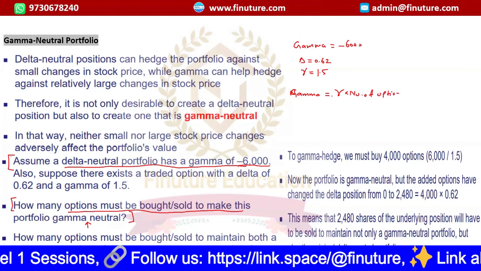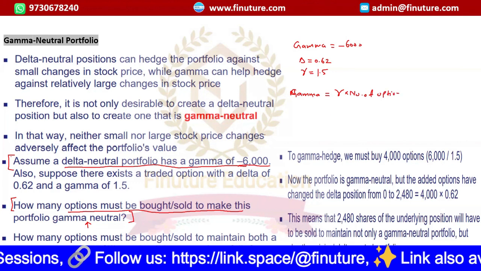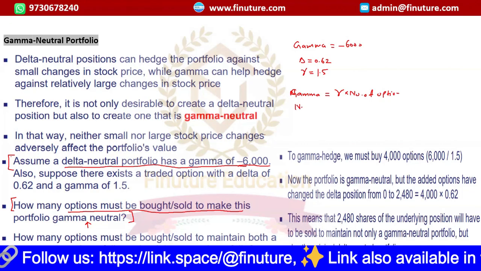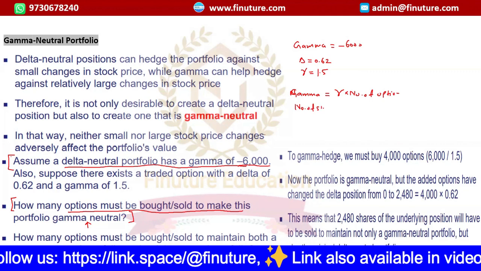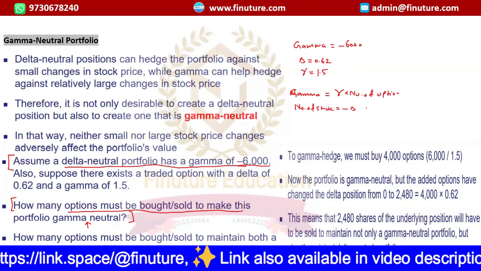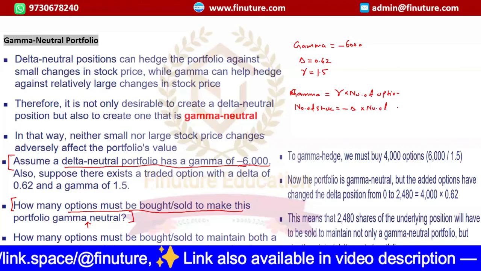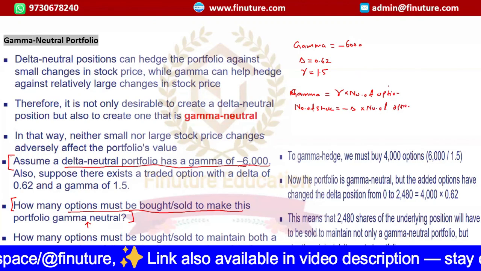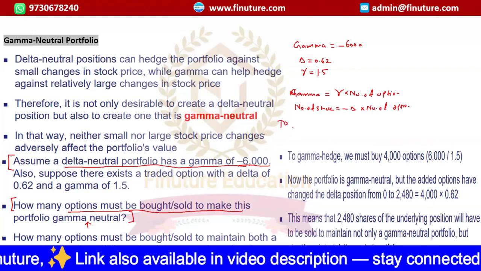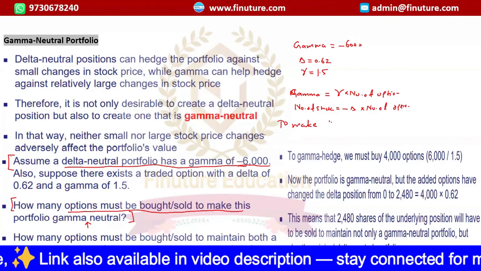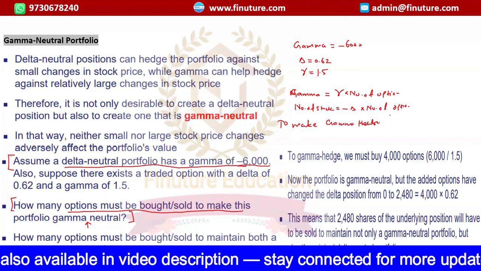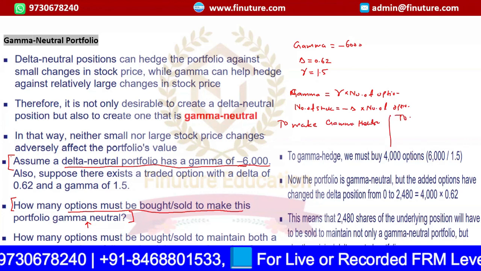I gave you two formulas. The number of stocks needed to make your position delta neutral is minus of delta into number of options. So these are the two formulas that we will use. Very straightforward. First, to make gamma neutral, and then we will talk about making delta neutral.